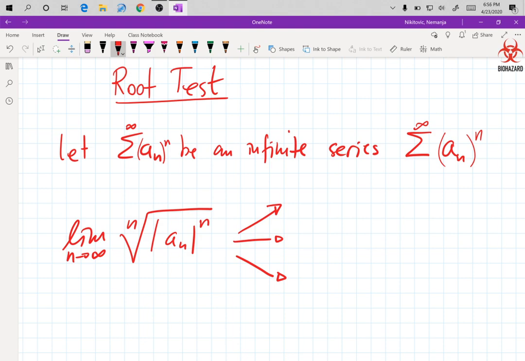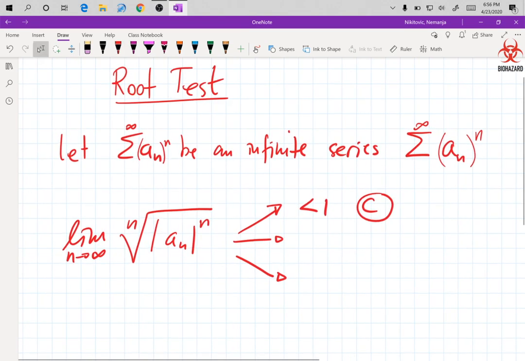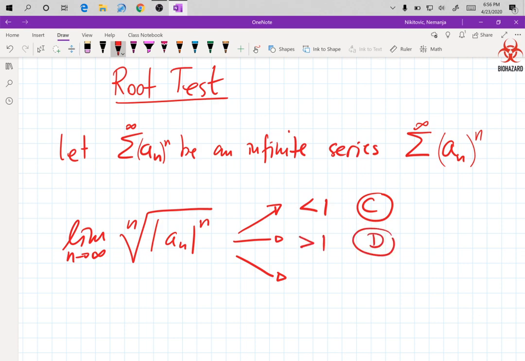You will have an answer which is less than 1, in which case the series converges; larger than 1, in which case it diverges; equal to 1, the test is inconclusive, meaning use another test.